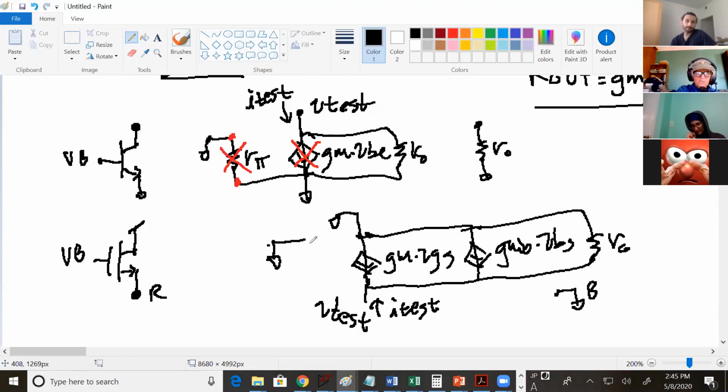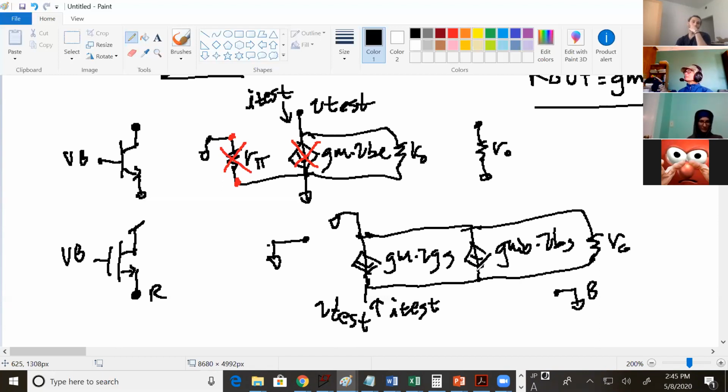Okay, let's see. VGS is 0 minus VN, so that's not 0. And then VBS is also 0 minus VN, so that's not 0 either, or I should say V test. So neither of those are 0. What's rule number 4? Anybody remember rule number 4?